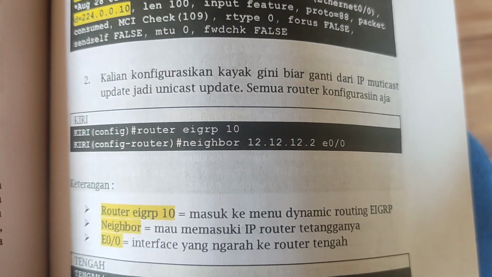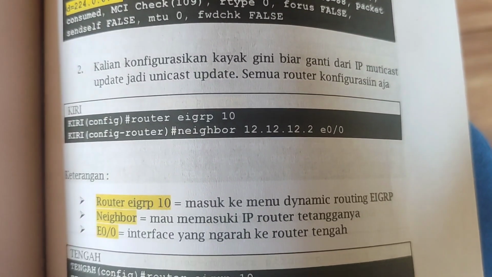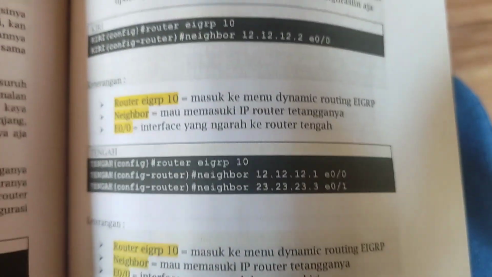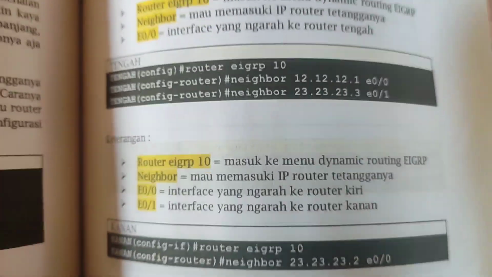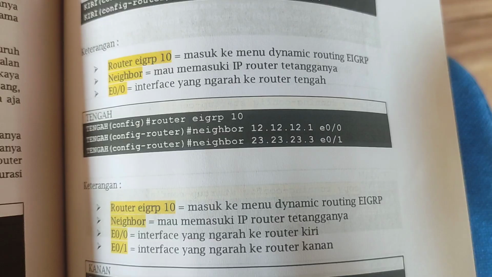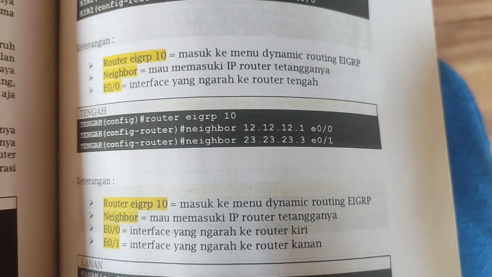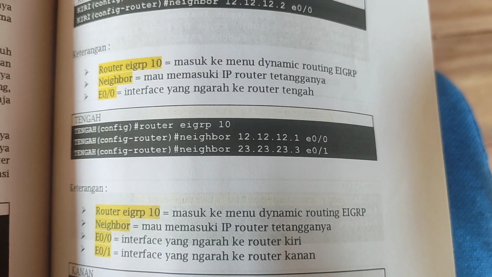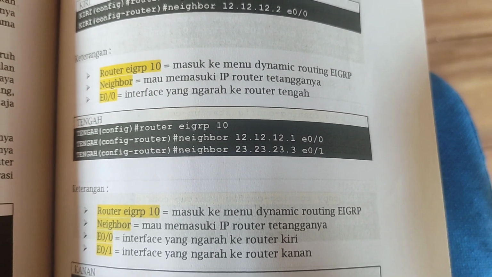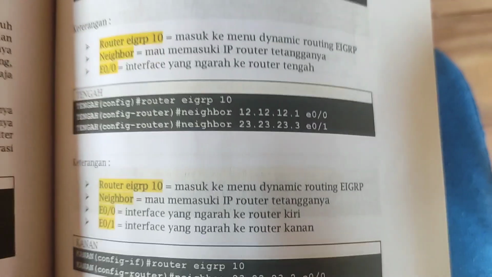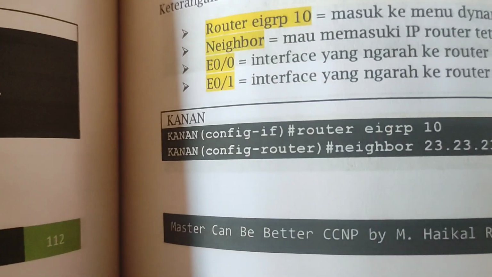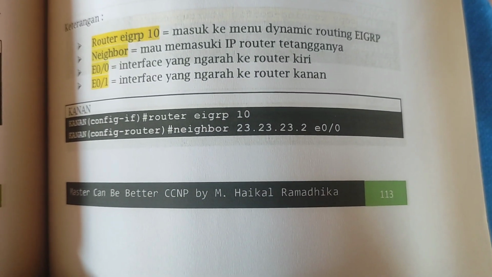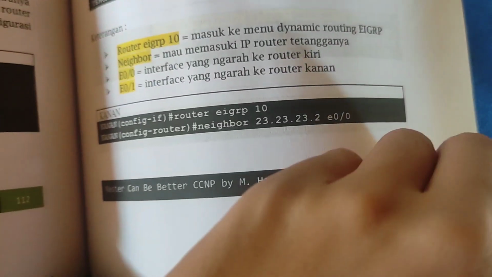Okay, and then next you add router eigrp 10 with neighbor 12.12.12.2 Ethernet 0/0, and that is the explanation. Then on the next router, router eigrp 10, add neighbor 12.12.12.1 Ethernet 0/0, and again neighbor 23.23.23.3 Ethernet 0/1. In the configuration on the right router, there is router eigrp 10 and neighbor 23.23.23.2 Ethernet 0/0.